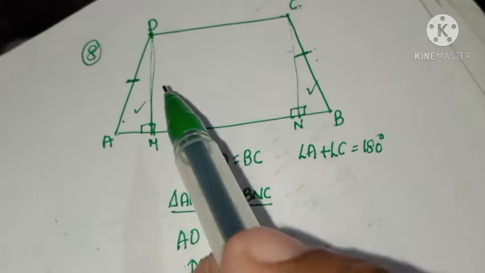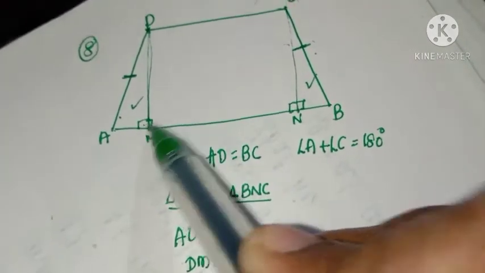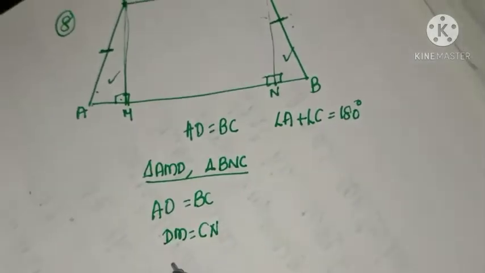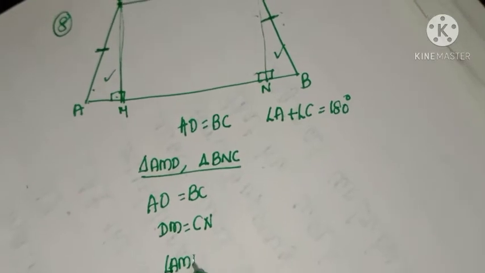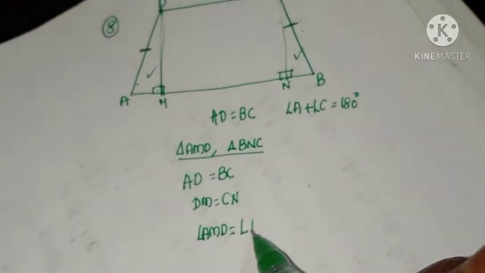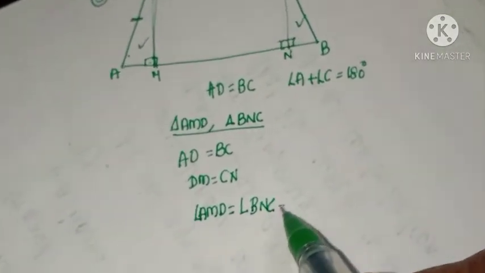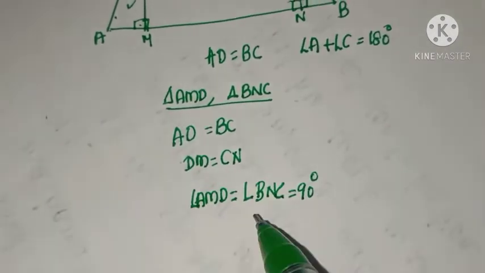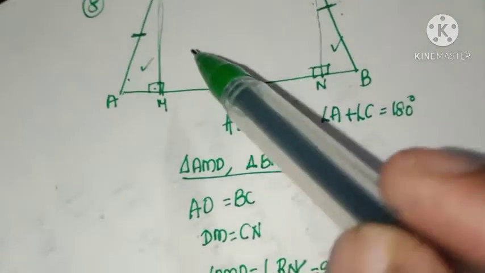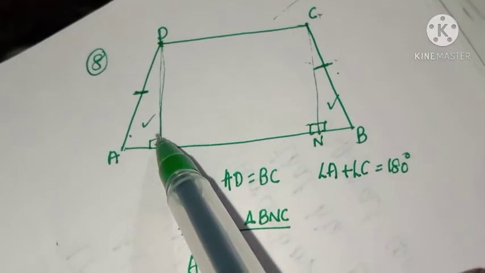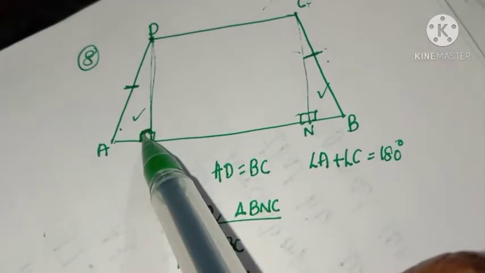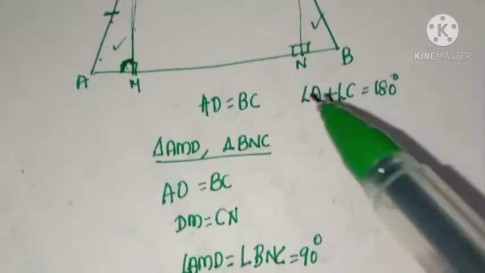Okay. Now see these two angles. Angle AMD and angle BNC. Both are equal to 90 degrees because of our construction. So we have right-angled triangles with hypotenuse and one side equal.